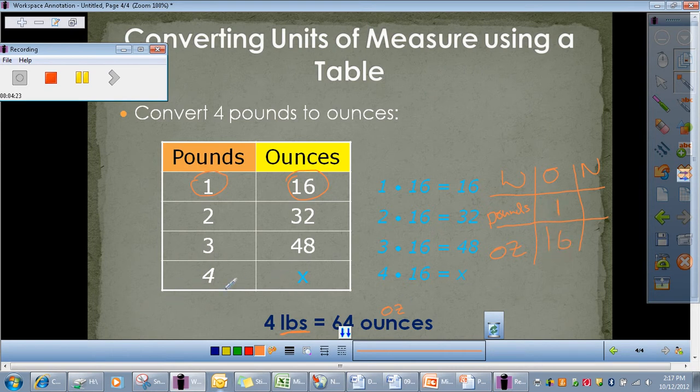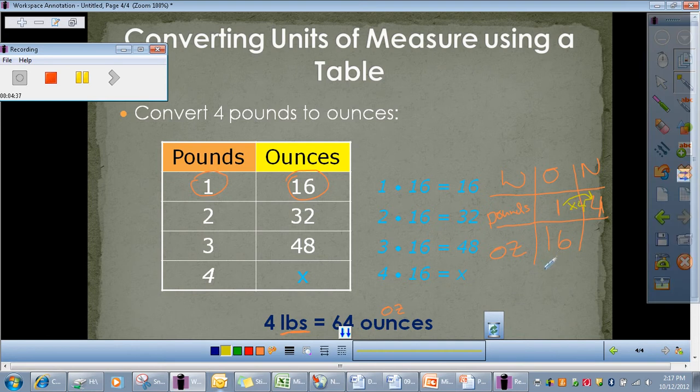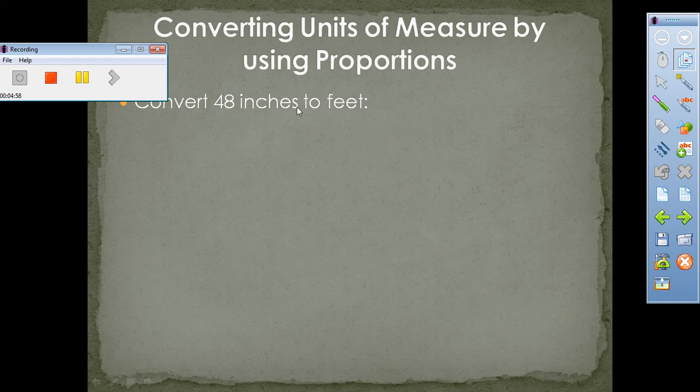And the last one is going to be the mystery. Okay, so that 4 goes with the pound. Okay, then you got to ask yourself, well, how do I get from 1 to 4? Times 4. So what do I do down here? Times 4. Okay, so that gives you 64. 64 ounces. Okay, so we're going to be working on converting measurement using our ratio tables, using the WAND chart.